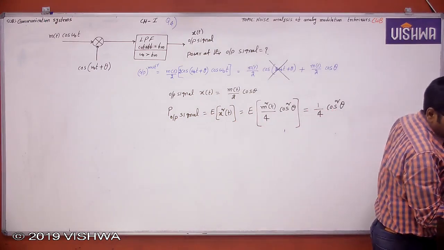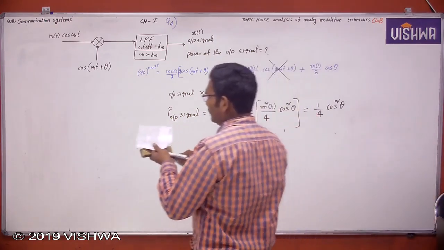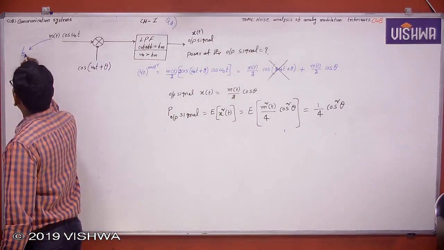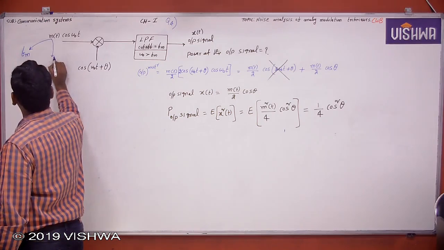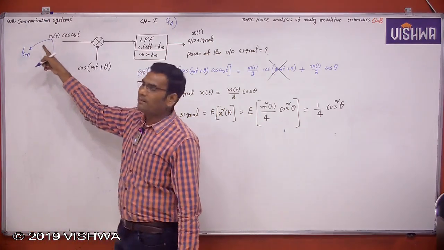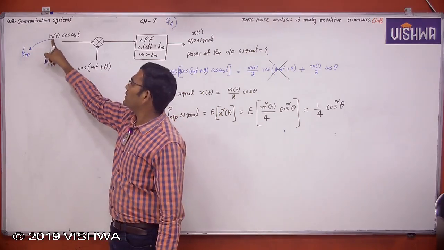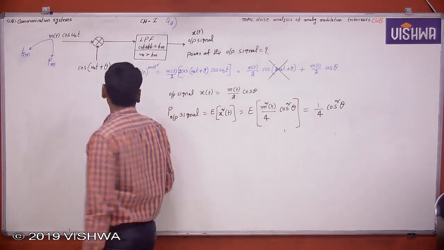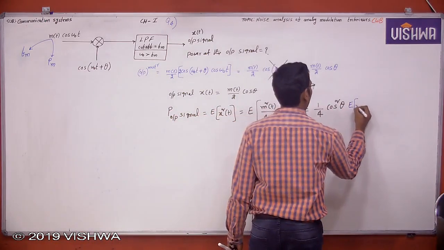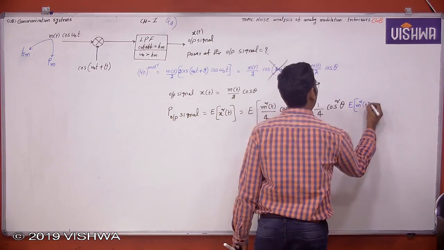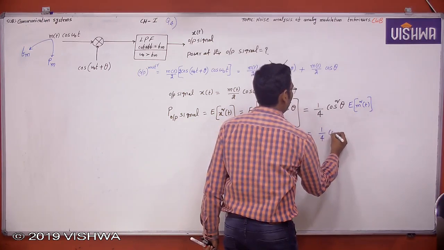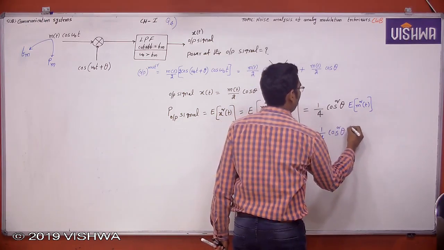The message signal m of t is band limited to FM, and the power of the message signal is PM. So this is the power of the message signal, the expectation of m square of t, which gives 1 by 4 into cos square theta into PM.